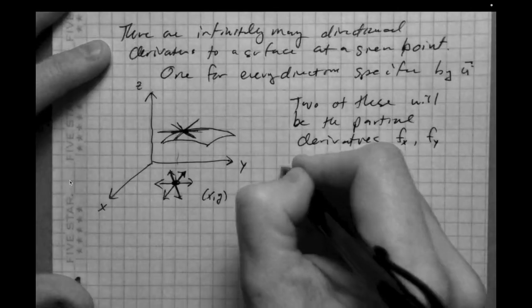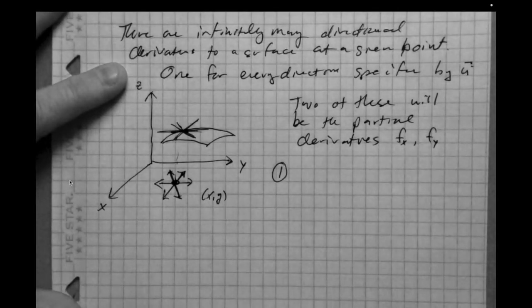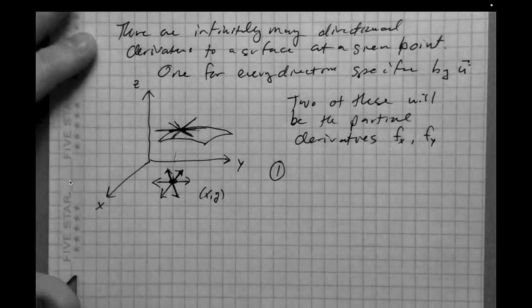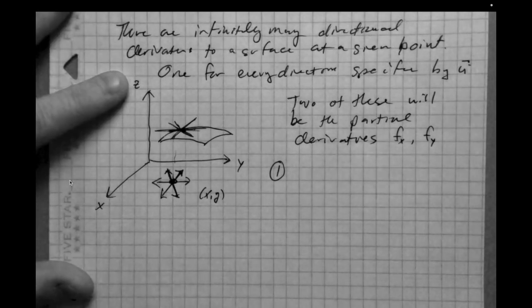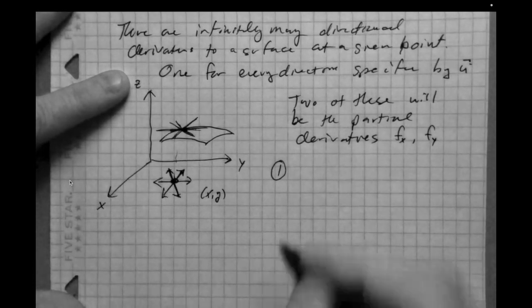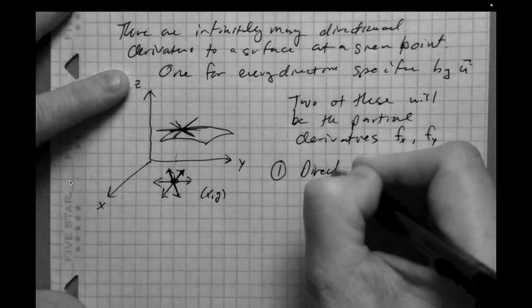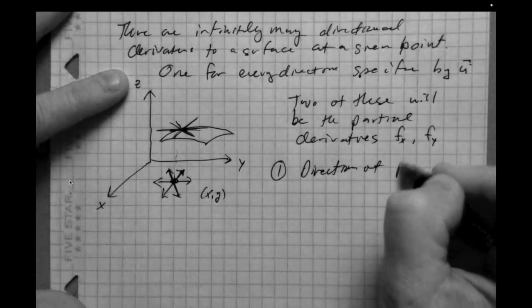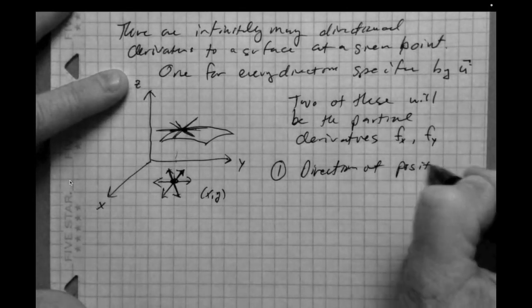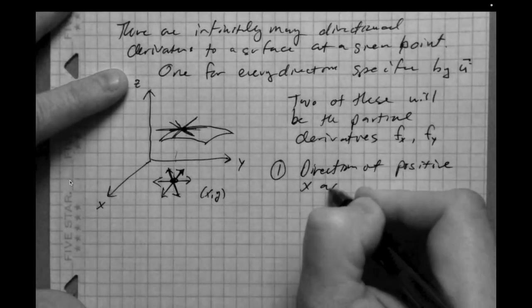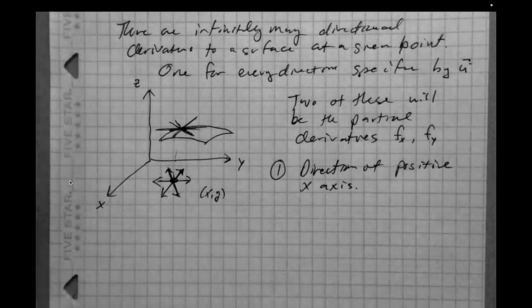So the first one, let's say, is the directional derivative in the direction of the positive x-axis.